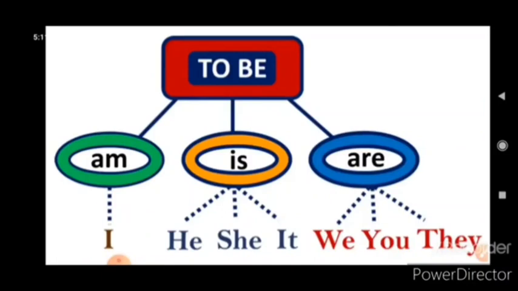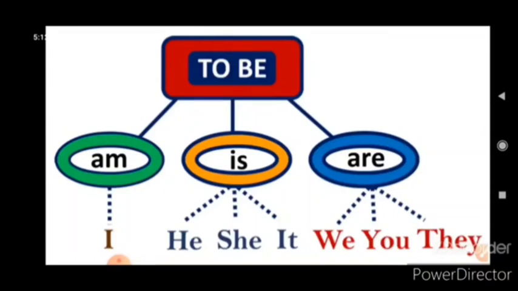Students, once again I'm telling you, when we use be form verbs, at that time only, this rule has to be followed. If main verbs come, it's different. So if be form verbs come, we have to use like this only. I come means am, he, she, it comes is, we, you, they comes are.